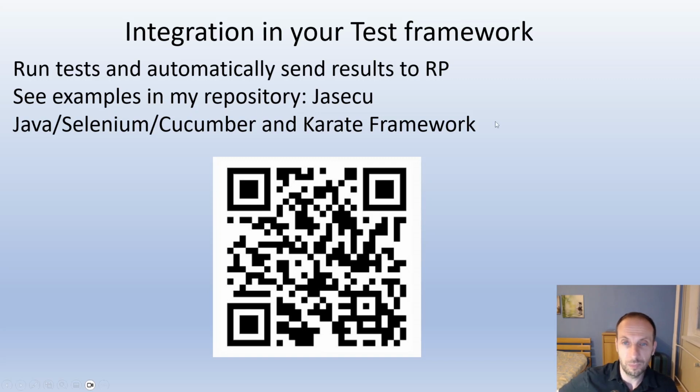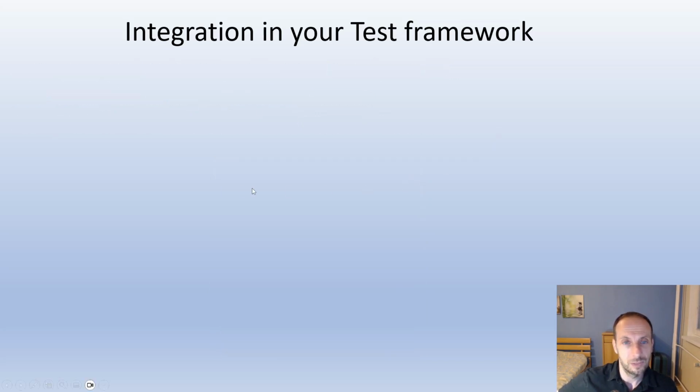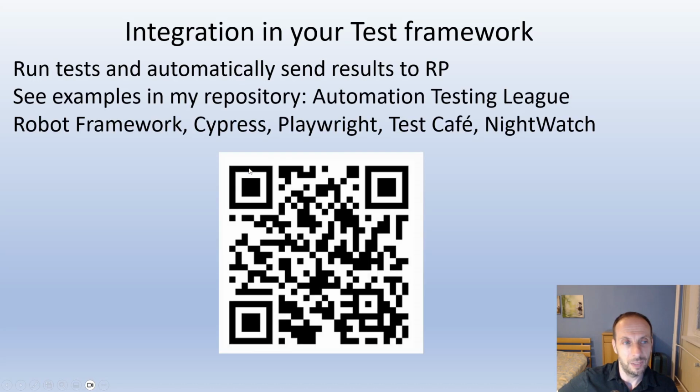There is also another GitHub repository, Automation Testing League, where I have examples for Robot Framework with Python and for JavaScript/TypeScript: Cypress, Playwright, TestCafe, and Nightwatch. I played with all of these, and it was not so complicated to send results there.